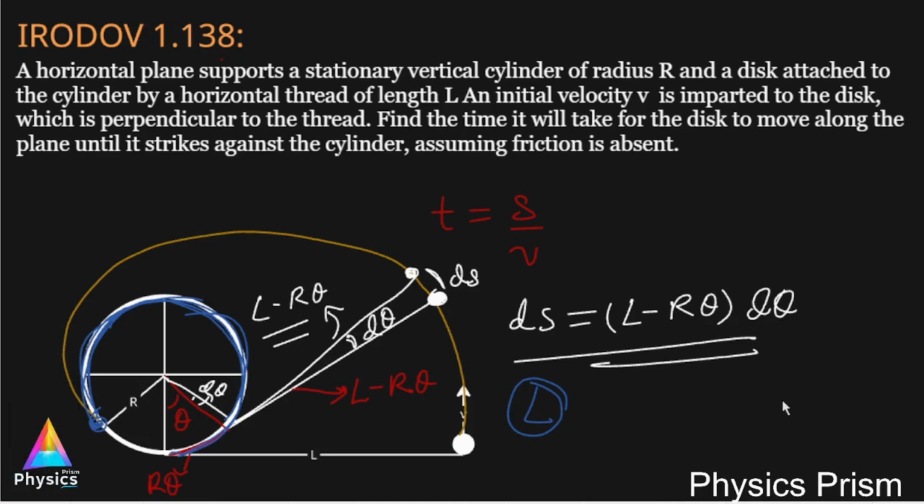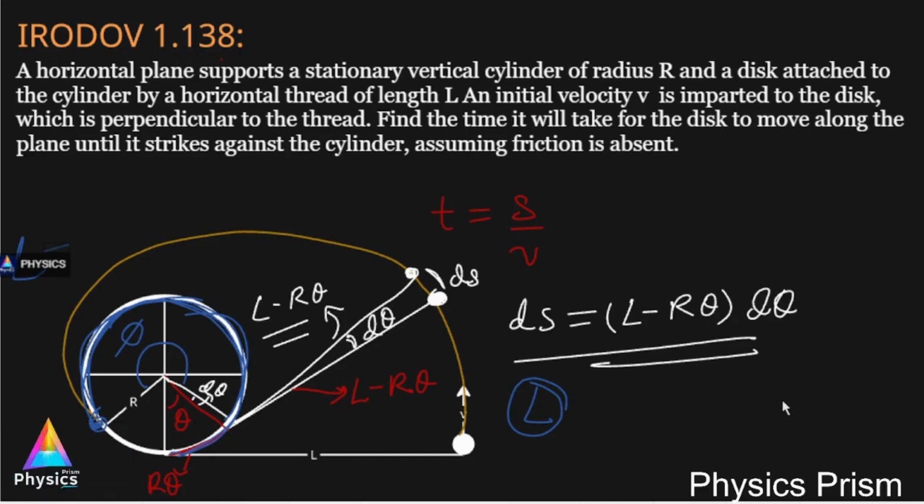That arc length will be exactly some angle over here, say phi, and that arc length is L, and that must equal R phi. That is pretty much obvious.